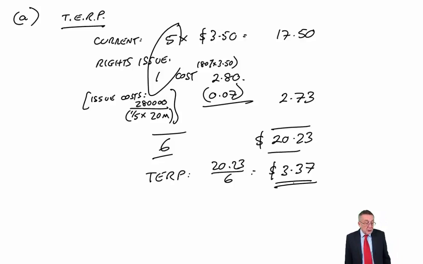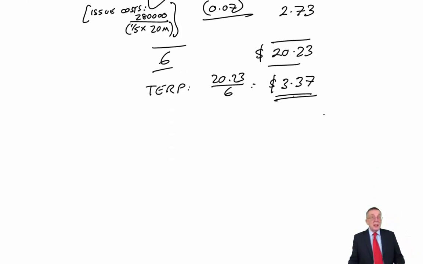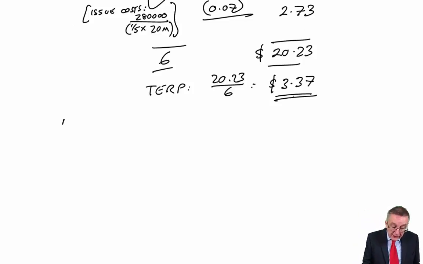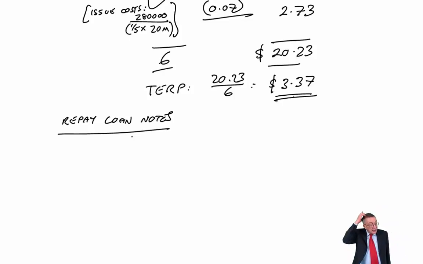What we need now to look at, to discuss the effect of using it the way we're doing, is let's now work out what share price we would expect given that they're repaying the loan notes. And how are we going to do that?